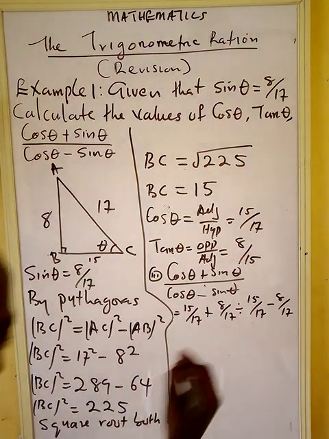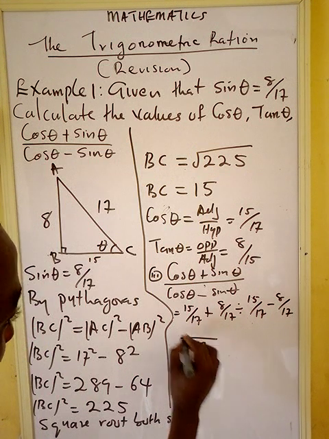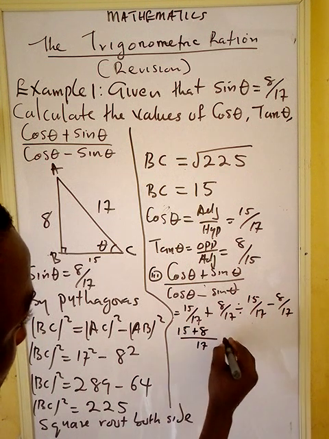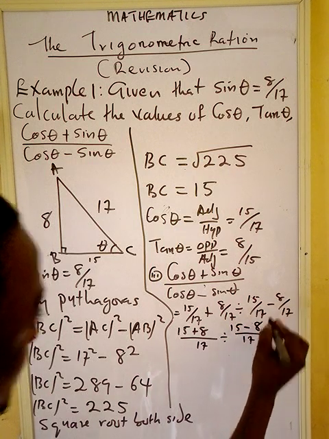From here you find the common denominator, which is 17. The 17s cancel, leaving 15 plus 8 divided by 15 minus 8.